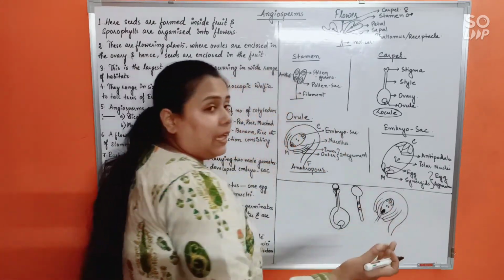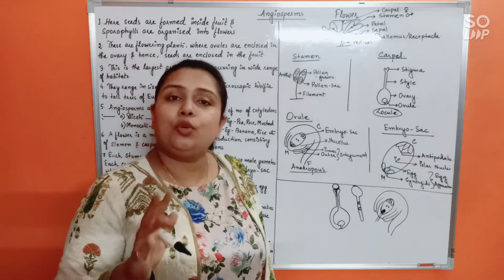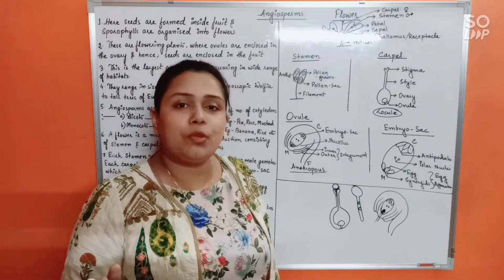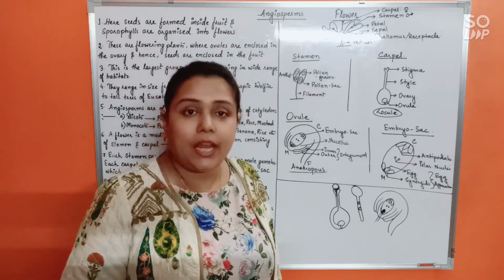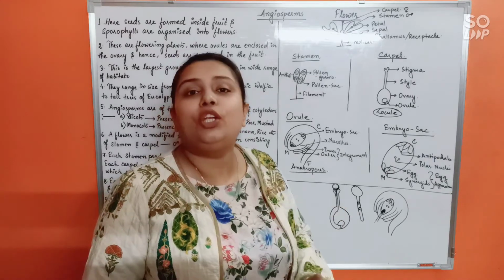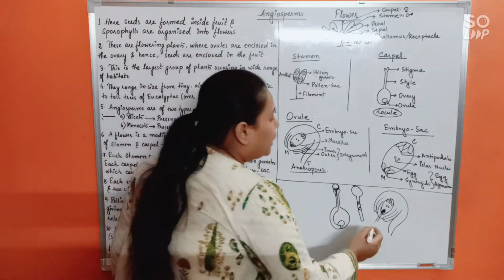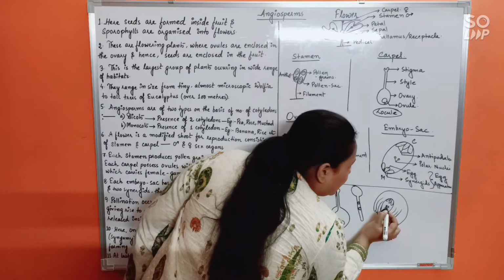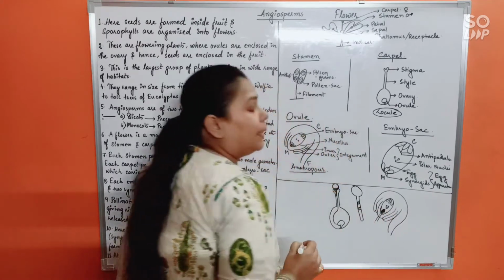Now the other male gamete, like in gymnosperms, where you have learned two male gametes were released, one will fuse with the egg and the other will degenerate, right? But here the other will not degenerate. The other male gamete will fuse with these two polar nuclei.